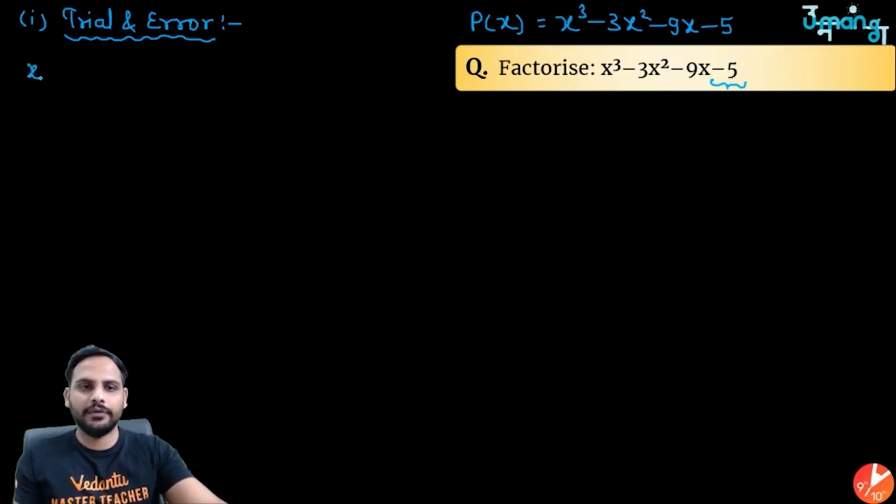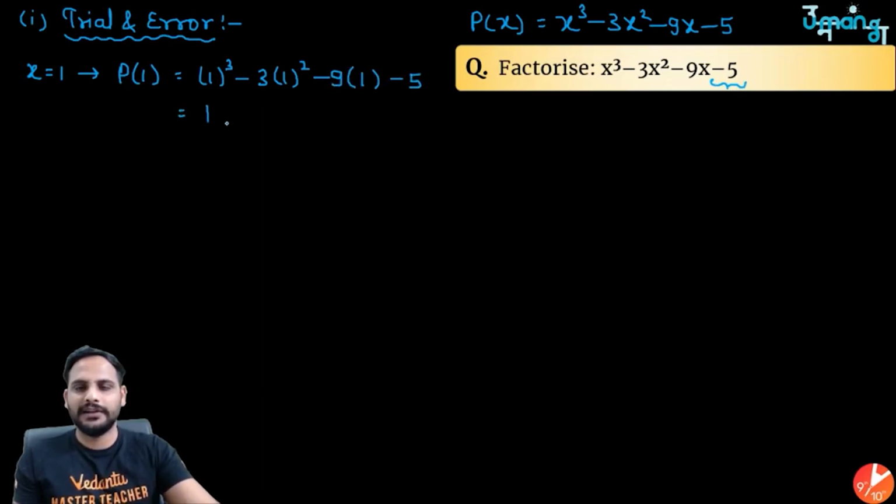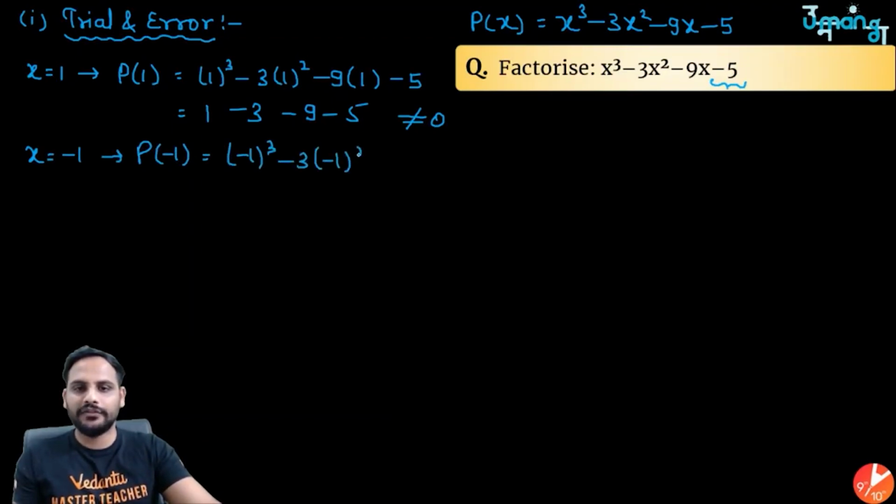Let's put x equal to 1 in this polynomial. So the value at 1 will be 1 cube minus 3 into 1 square minus 9 into 1 minus 5. So 1, then minus 3, minus 9, minus 5. Definitely it is not equal to 0. So x equal to 1 is not a zero of this polynomial. Second, let's put x equal to minus 1. At x equal to minus 1, it will be minus 1 cube minus 3 into minus 1 square minus 9 into minus 1 minus 5.